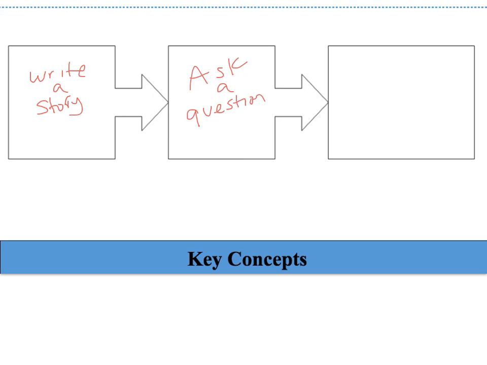And the last part is to interpret the solution. And basically the word interpret is a fancy word for saying, like, what does the answer mean? So we're going to use these key concepts to go ahead and write story problems for the following examples.